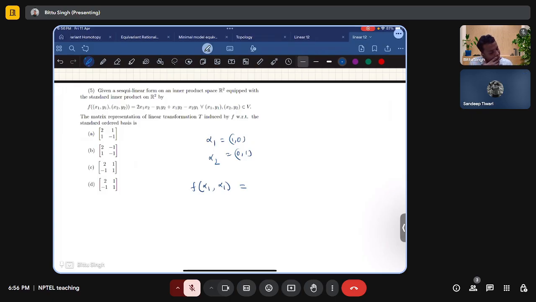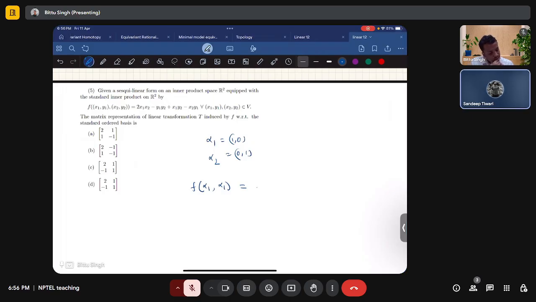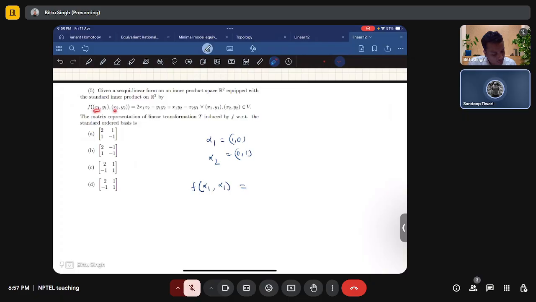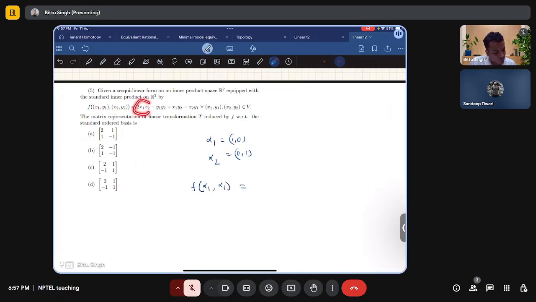What will be that? Sir, 1, 1. Yes. So alpha 1 comma alpha 1 means only x1 will be 1 and the rest, so it is 1 0, right? Correct. x1 and y1 are 1, so only this term will survive.